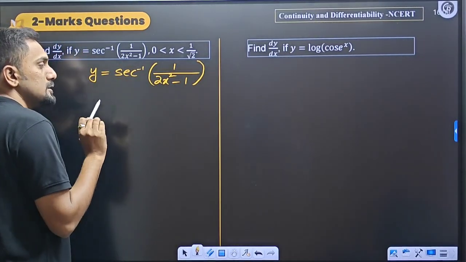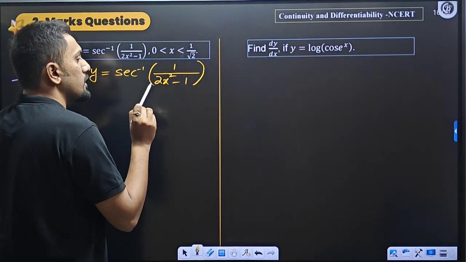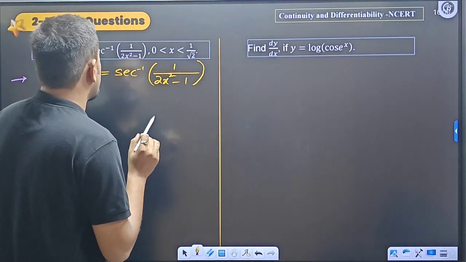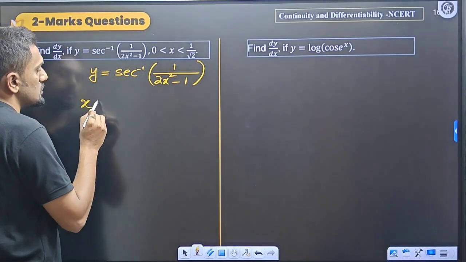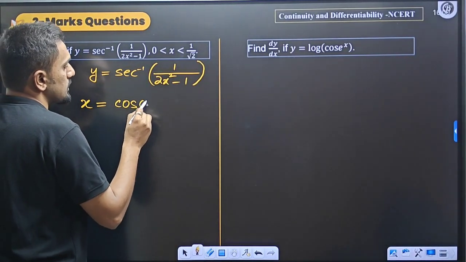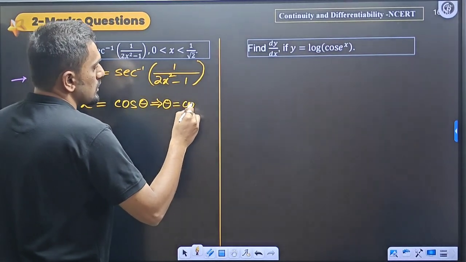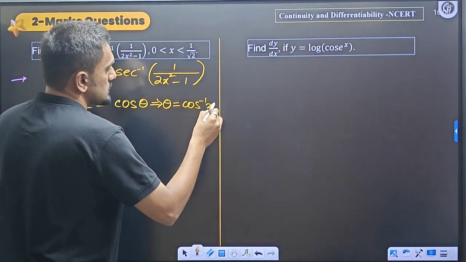If cos has to come, you can use the trigonometric substitution x is equal to cos theta. That implies theta is equal to cos inverse of x.